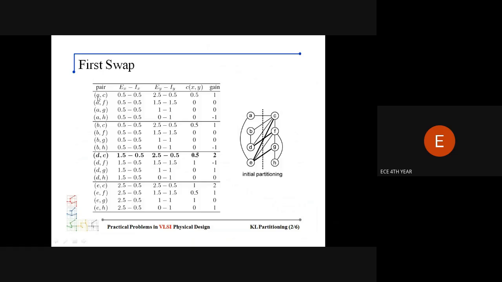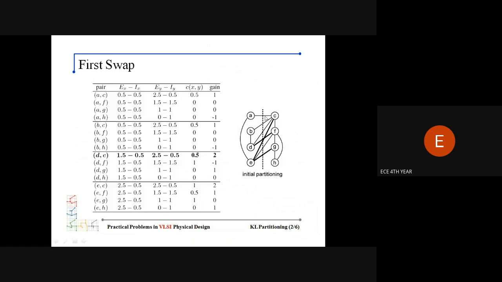So, this AC pair, this EX minus IX is the number of external edges minus the number of internal edges. External edge means those edges crossing the cut line. So A is having how many edges crossing the cut line? It is 1, right? And that edge is, see, a thin line.